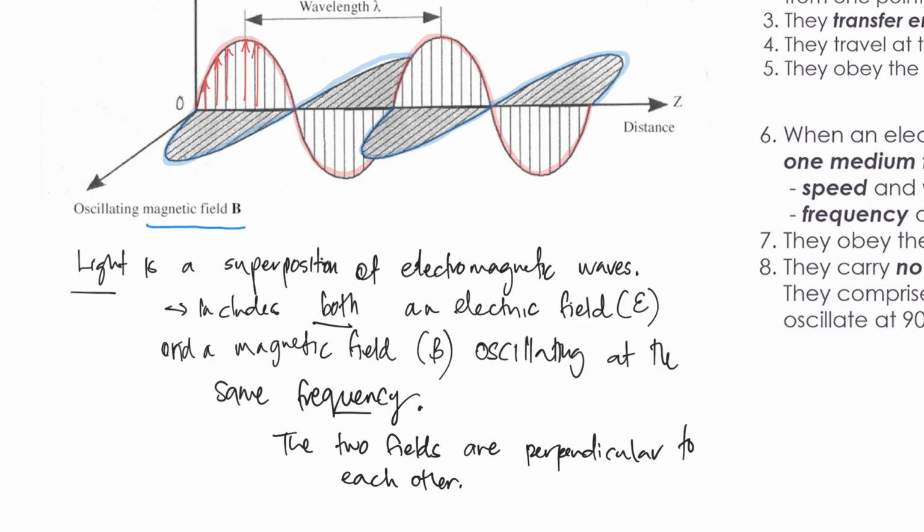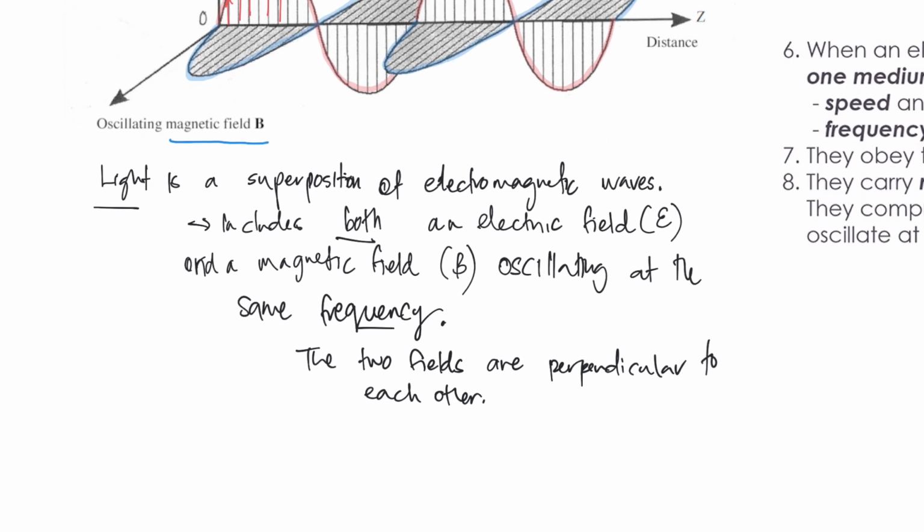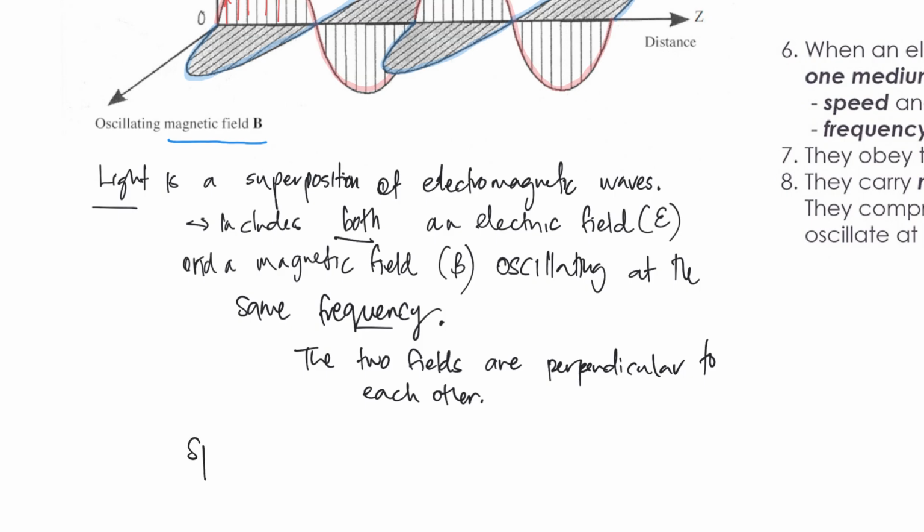So you've got this propagation of electromagnetic waves, and it's carried out at a certain speed. With light, the speed of light is a constant, which we'll find on our formula sheet. The letter we use for it is C. That's our symbol, and it's 3 times 10 to the power of 8 meters per second. That is the speed of light.